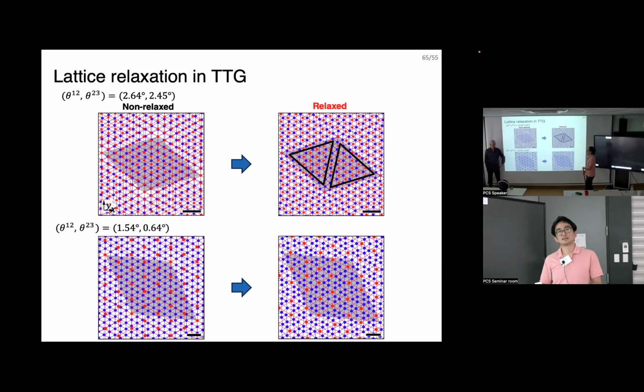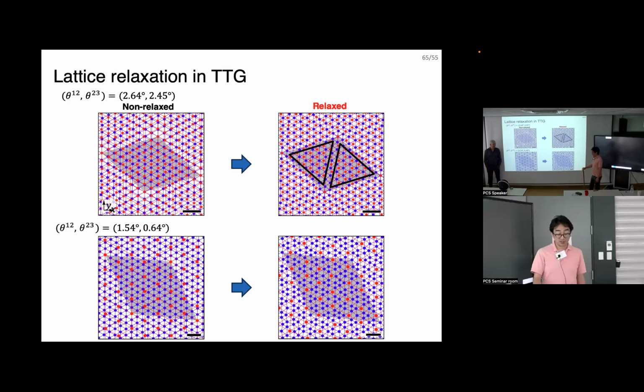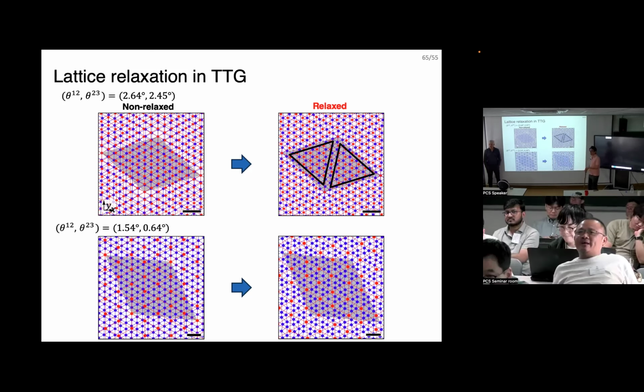Yeah, 1 Kelvin is a very small energy scale. Superconductivity maybe is not that impressive, but the fractional quantum anomalous Hall effect is very impressive.